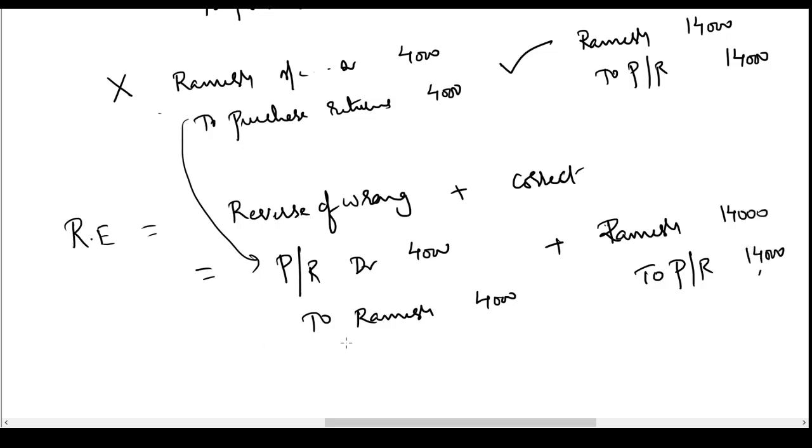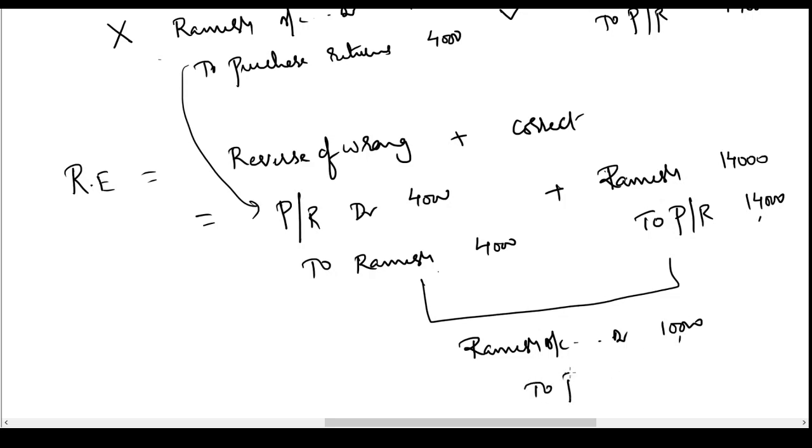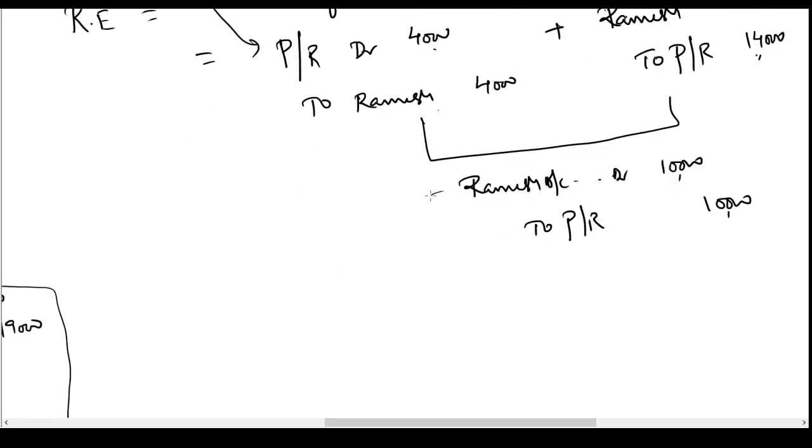With this the error will rectify. Instead of passing two entries, we'll arrive at the sum of these two entries. So Ramesh account debit 14,000, Ramesh account credit 4,000. So Ramesh account will be debited with 10,000 and purchase returns account credit 14, debit 4. So credited 10,000. So this is the rectification entry I would pass now.